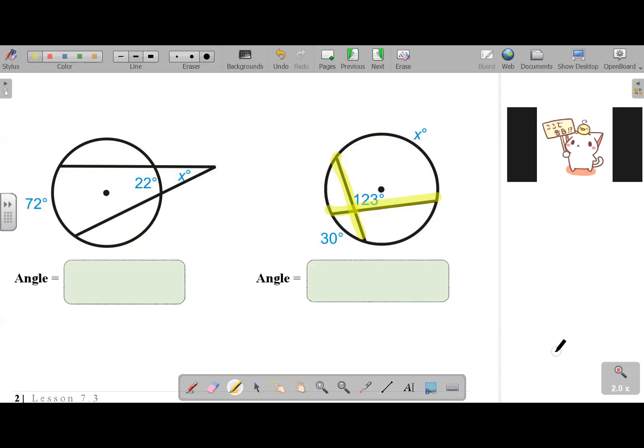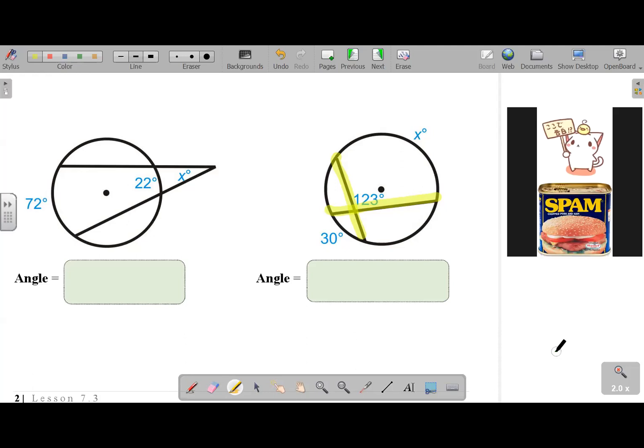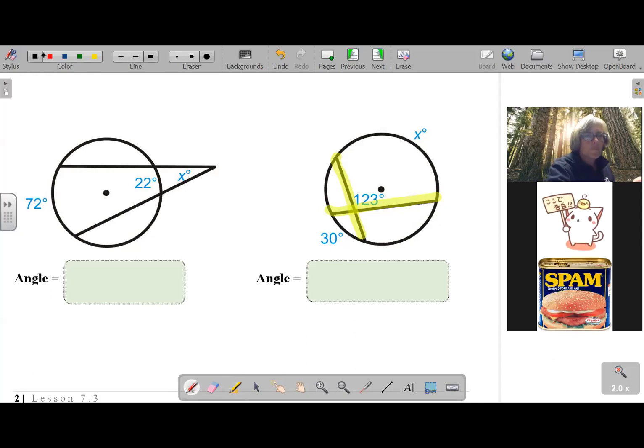Mr. Chen, what kind of angle is that, sir? Is it a chord? It is a chord. Fabulous. Rebecca, what's the equation for a chord, ma'am? Angle equals arc plus arc divided by 2. Yep. So it's going to be angle equals arc plus arc over 2. Now we're going to circle plug chug.